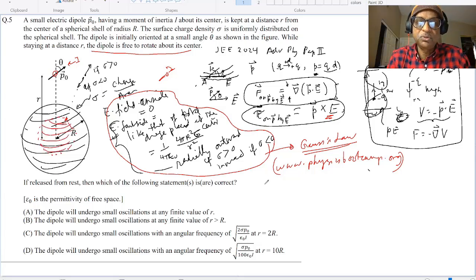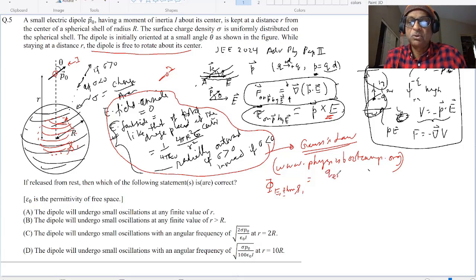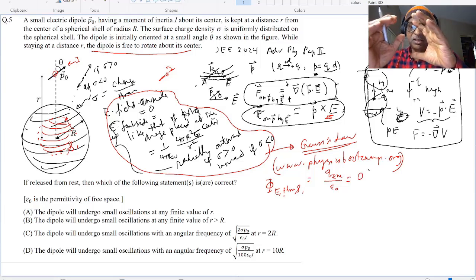Then the flux of the electric field through this surface S1 will be the total charge enclosed over epsilon naught. And the charge enclosed is 0 for this point. There's no charge inside. These are all the charges on the surface of the shell.